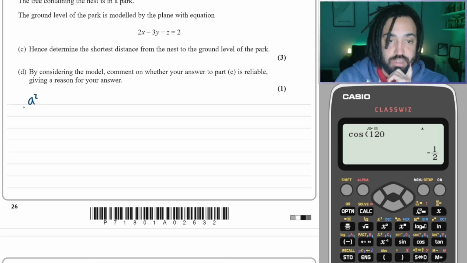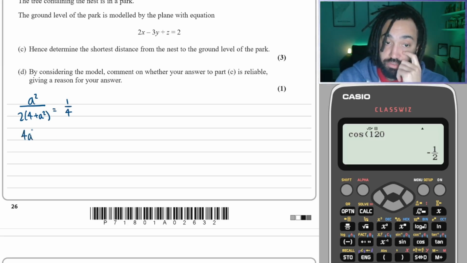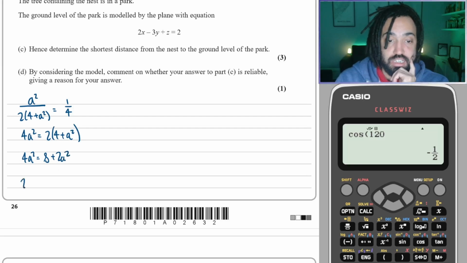So that was a squared over 2 times 4 plus a squared is equal to 1/4. Okay, cross multiplying gives me 4a squared is equal to 2 times 4 plus a squared. Multiplying out those brackets gives me 8 plus 2a squared, and subtracting like this, and then dividing gives me this, and then I get plus or minus 2.